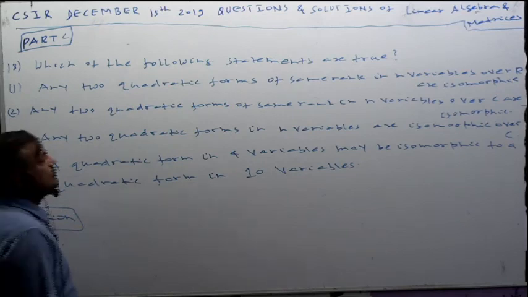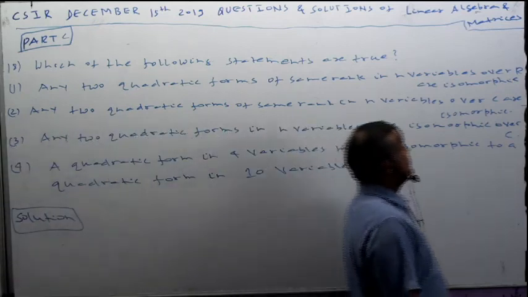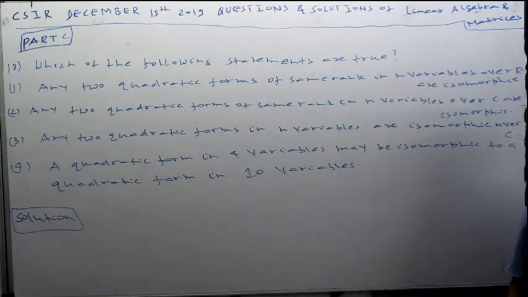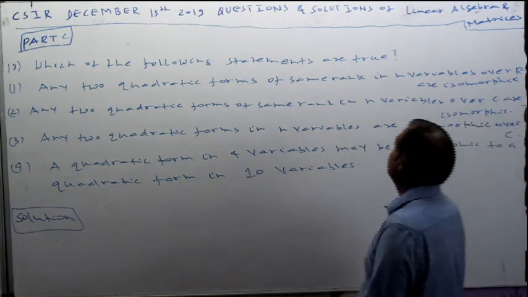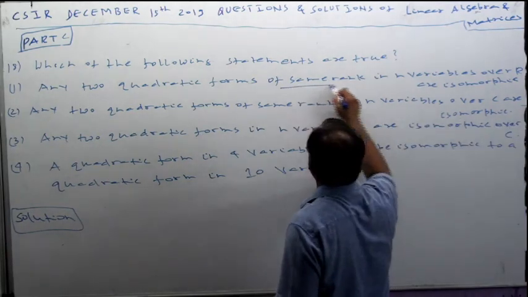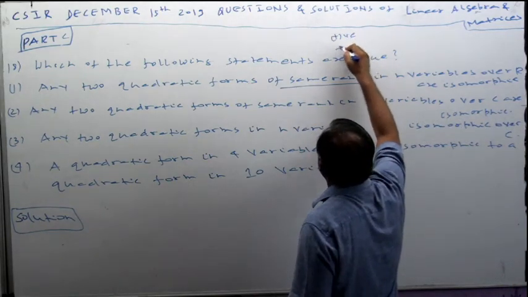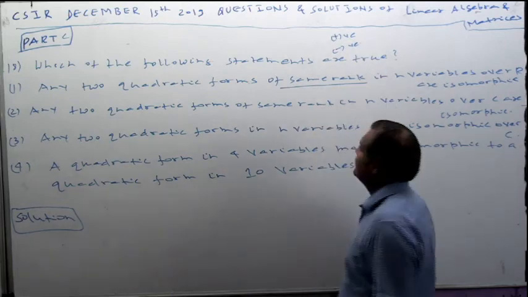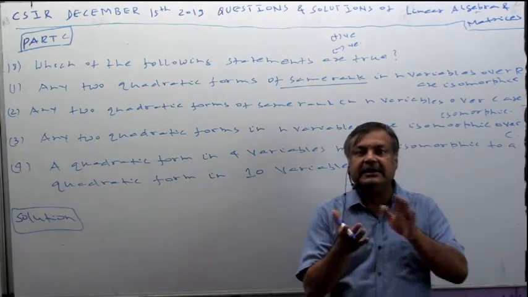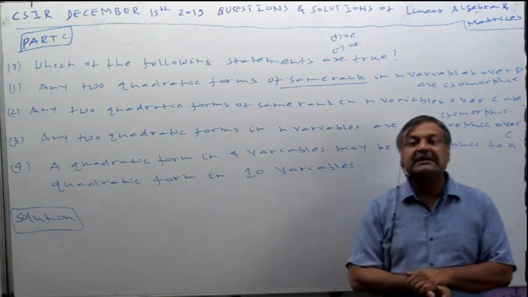Any two quadratic forms of same rank in n variables over R are isomorphic. That is totally false. Because only rank should not be equal, but number of positive terms and number of negative terms should be also equal. Along with rank, either index is same or signature is same.